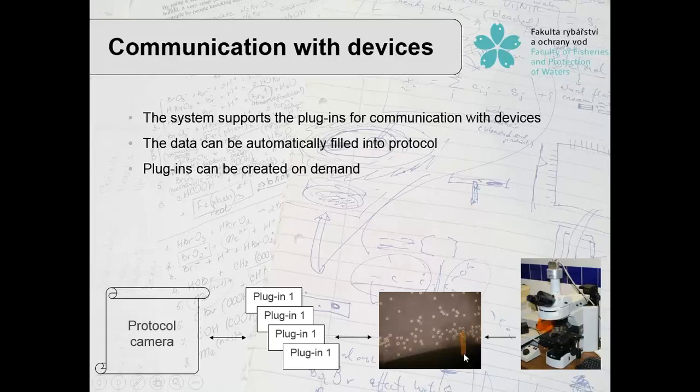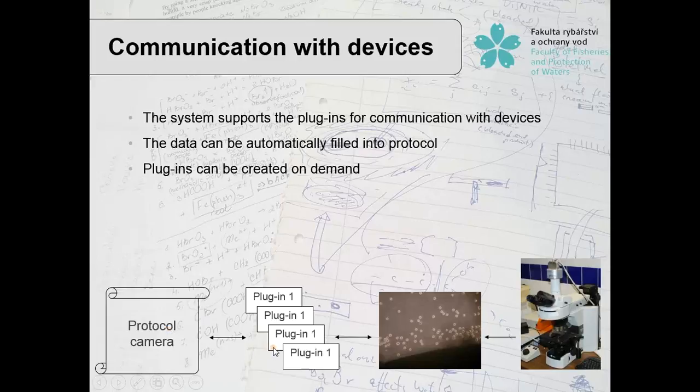So through the data file, where all the information is stored, we have the specialized plugins, which is software implemented specifically for the particular measurement device. It's very simple software, and it can communicate with the system.